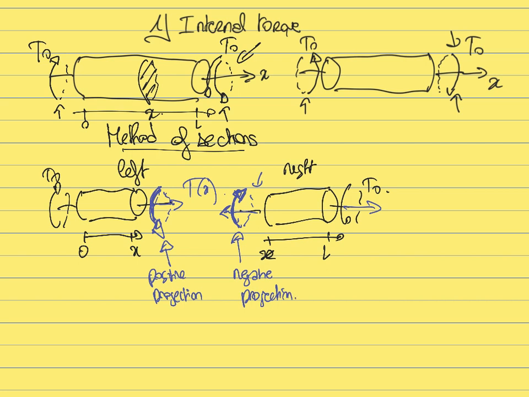That's not surprising, because due to the principle of action-reaction, if the torque applied by the left to the right has a negative projection, then the torque applied by the right to the left has to have a positive projection, since those torques must be equal but with opposite sign. Again, this is the positive sign convention that we will be using for the internal torque.